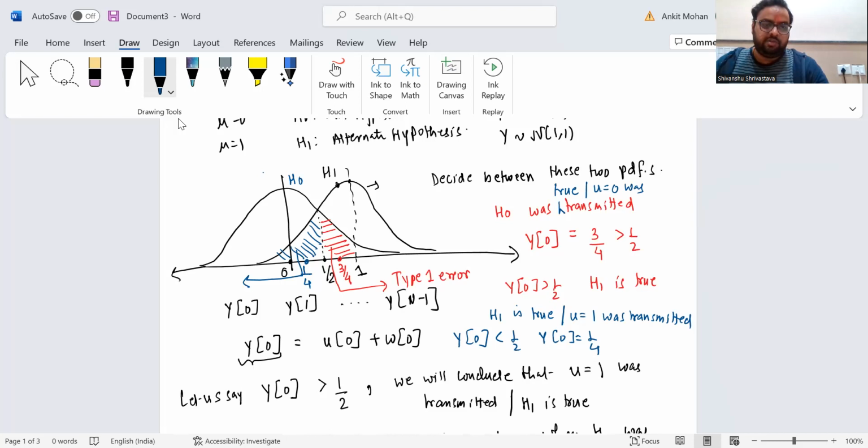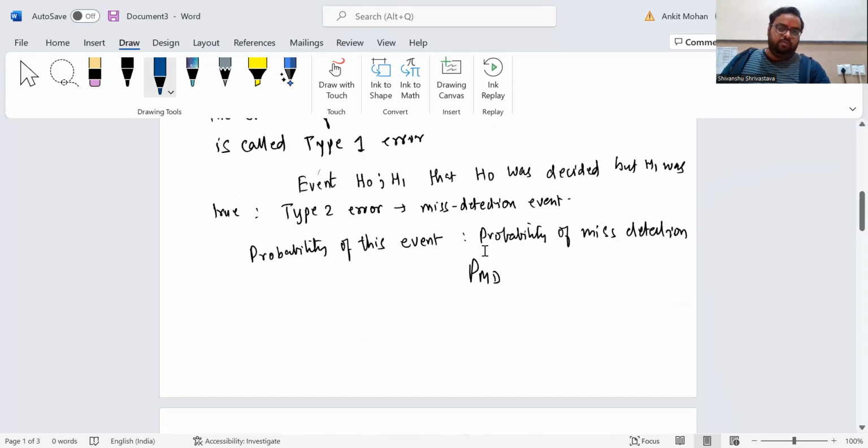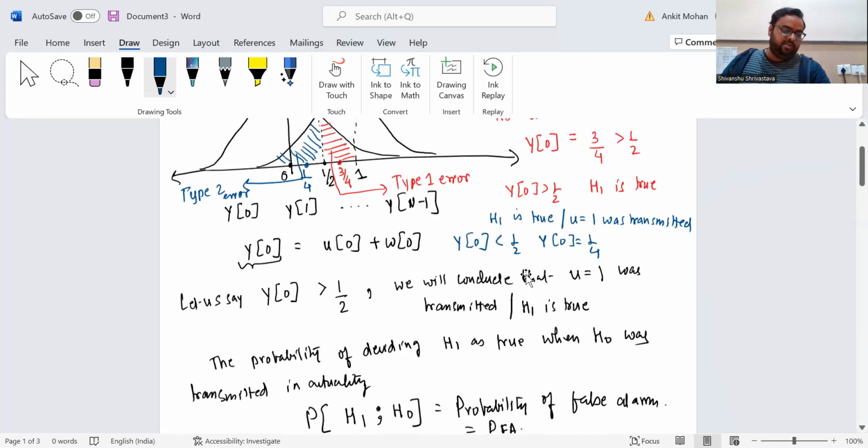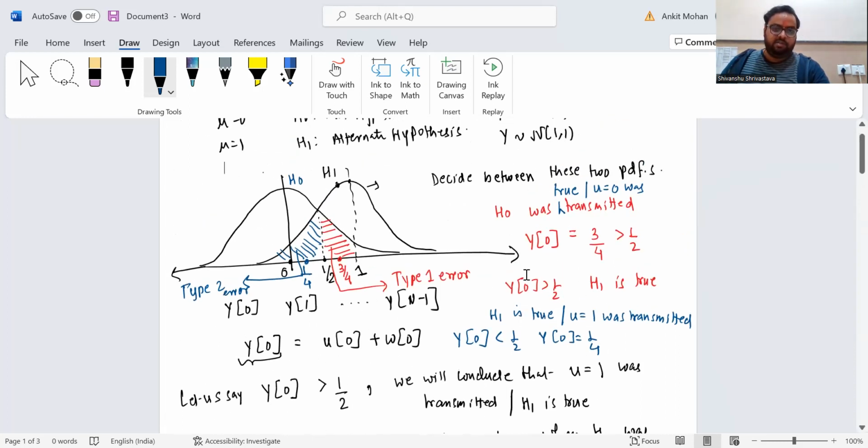So this is the type 2 error. One thing we can see very directly here is that both these errors are completely based on the threshold value. Based on these threshold values, we are having both these events.